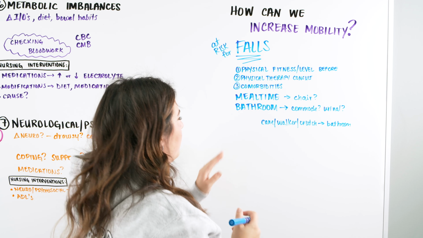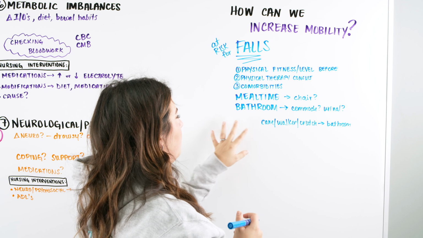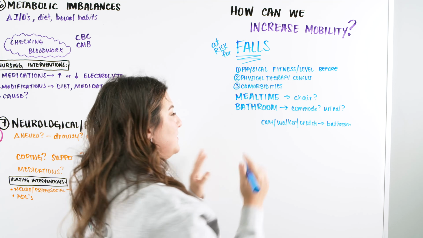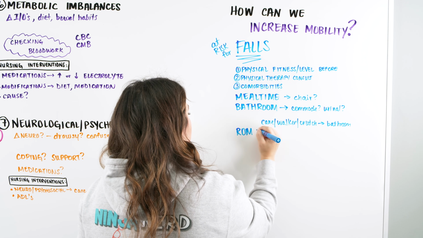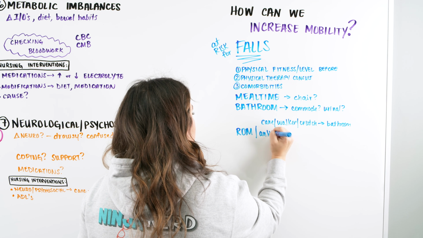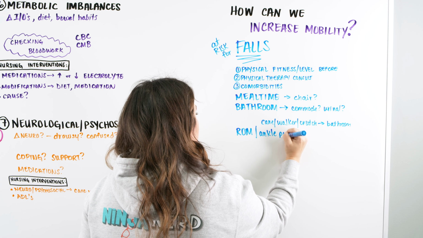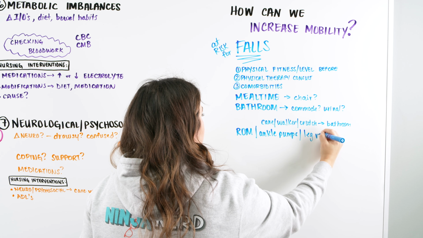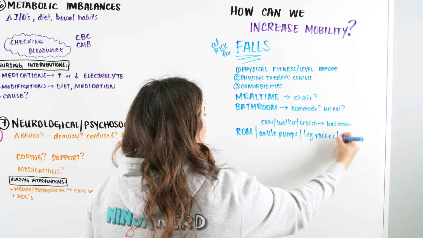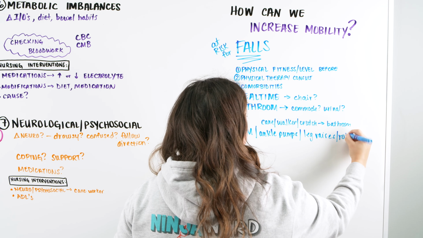Right. And then we also just want to think about those really basic things. Can we do things in bed? Can we do our range of motion, ankle pumps, leg raises? Are they even able to roll?